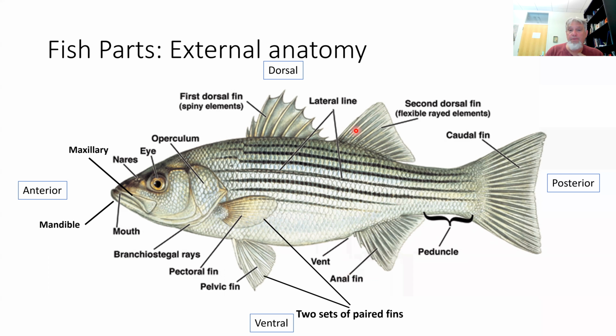External anatomy, first, the four directions. Head direction is anterior, posterior is tailward, dorsal is the back of the fish, and ventral is the bottom of the fish. You should know the terminology for all these structures. The mandible is the bottom jaw, like our bottom jaw. The maxillary is the upper jaw, but fish maxillaries are really different than tetrapod maxillaries.